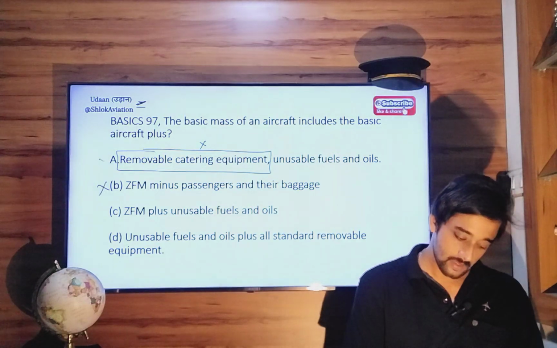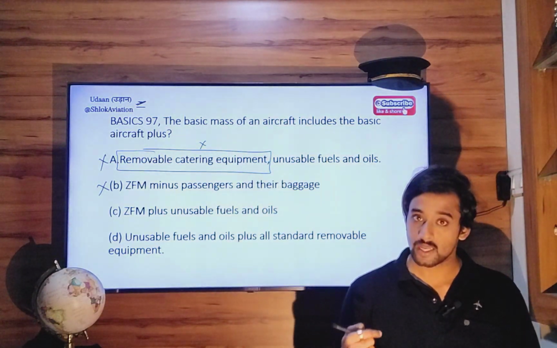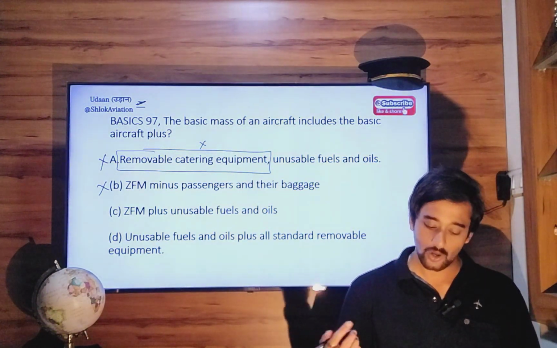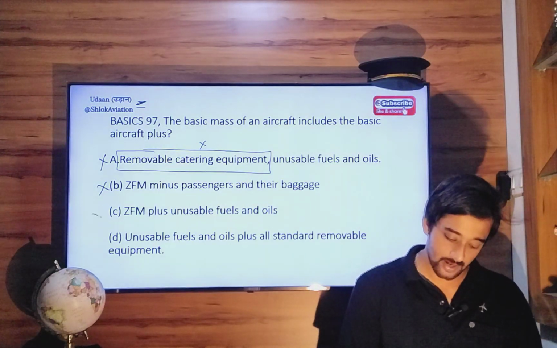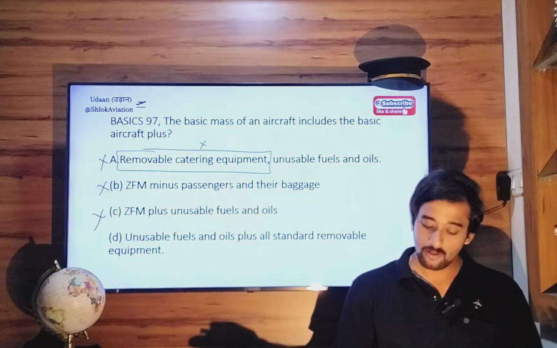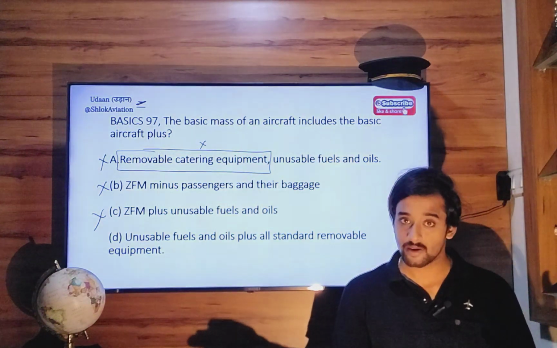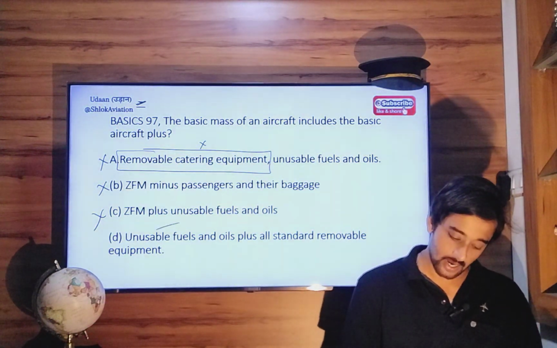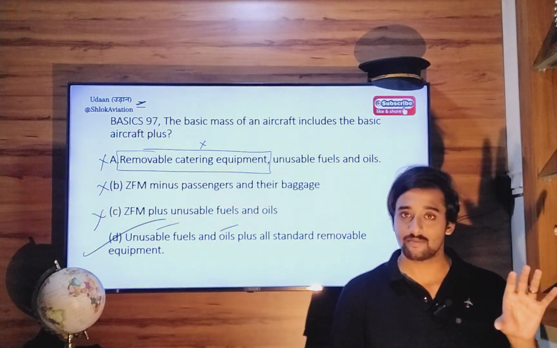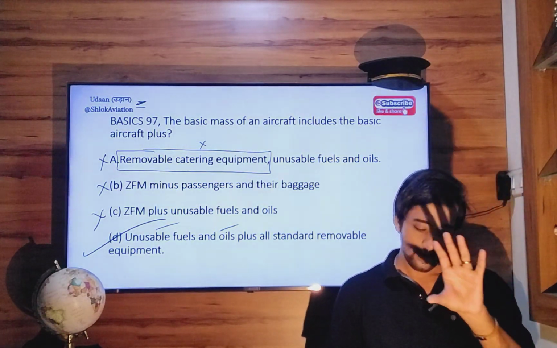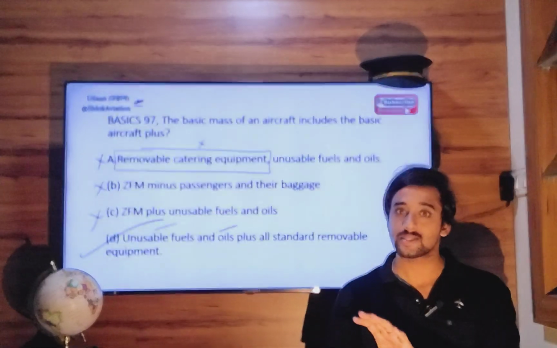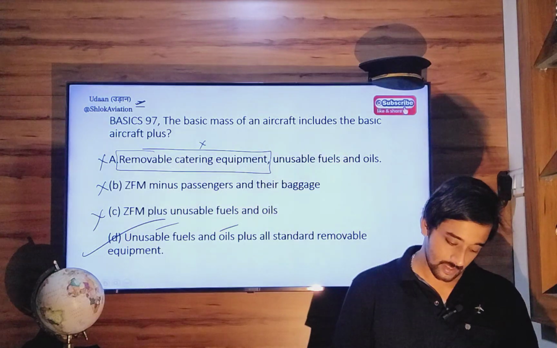So wrong. Zero fuel mass plus unusable fuels and oils. Okay, again irrelevant. So unusable fuels, oils, plus all standard removable equipment. So this is right. So option Delta is right. So basic empty mass is your aircraft mass plus unusable fuels, oils, other standard equipment.